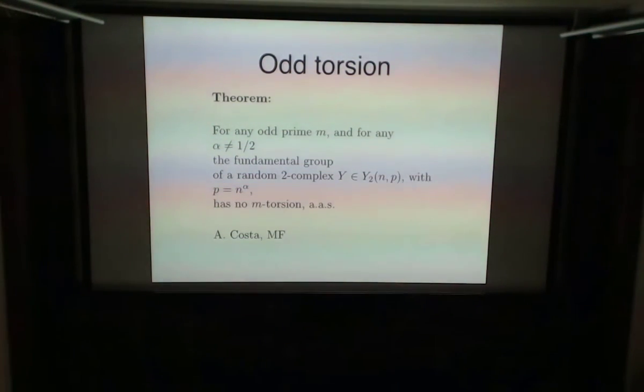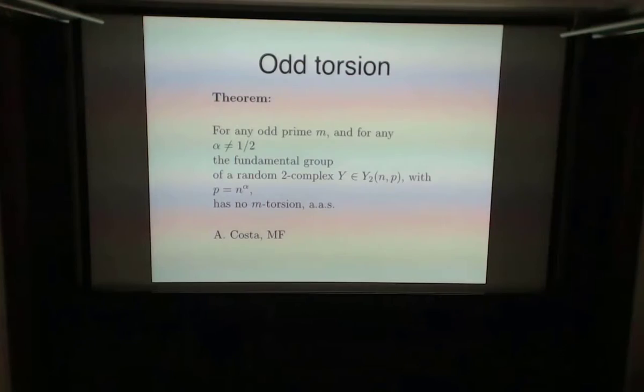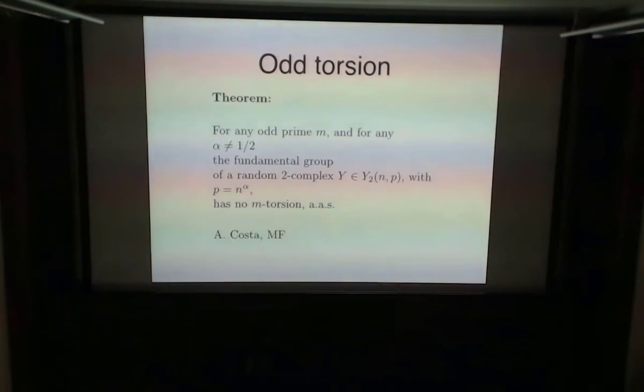This theorem says that if we take some odd prime p. We saw earlier that there is a range when the fundamental group has 2-torsion. So we can ask, what about 3-torsion, or 5-torsion, or some odd torsion? And this theorem answers this question.